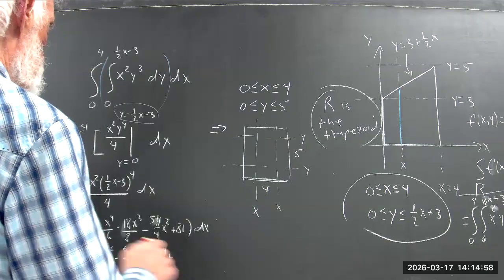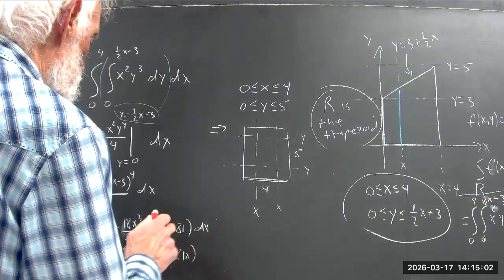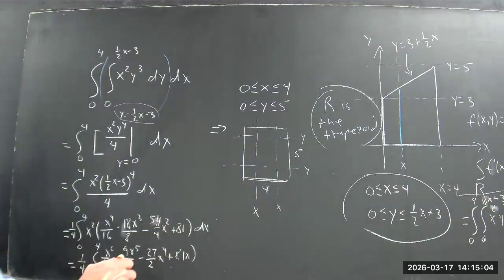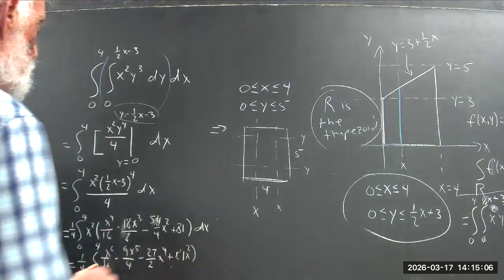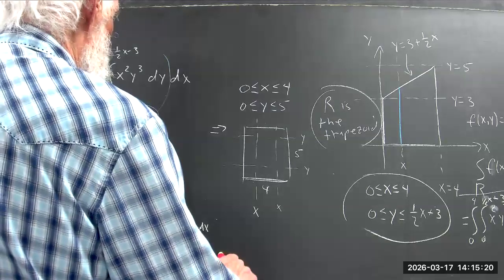And I sure have lost something. It's definitely wrong because I don't have an x term here between the x squared and the 81. So yeah. Okay. Anyhow, this equals something.